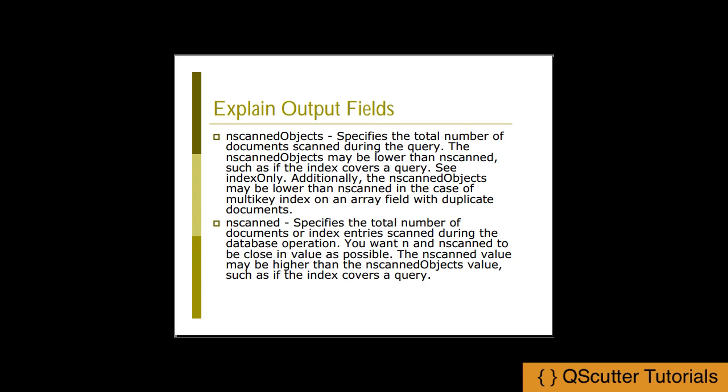You want n and nscanned to be as close in value as possible. The nscanned value may be higher than the nscannedObjects value, such as if the index covers a query.